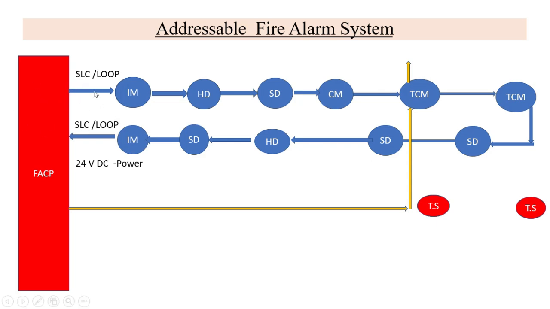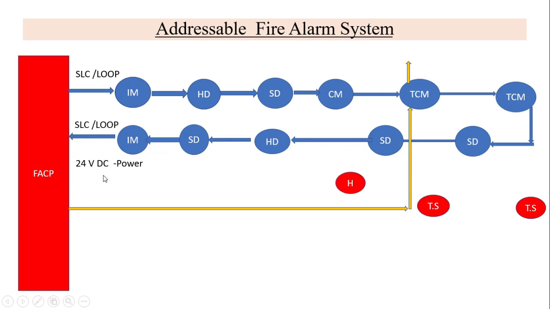It starts from here, and here it is back again at the panel. So it is a closed loop, so it will work in both directions. If suppose the wire breaks down over here, it will communicate up to here and back. These devices communicate through these circuits. So even if it breaks, it will work from both directions. This is the advantage, as we can get the exact location of detection as well.